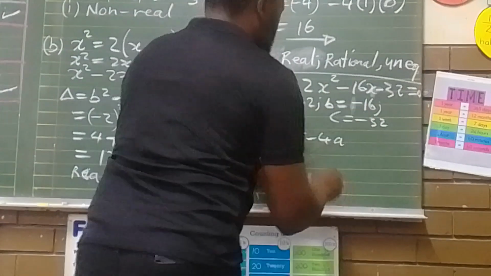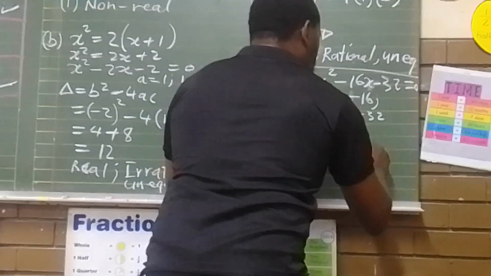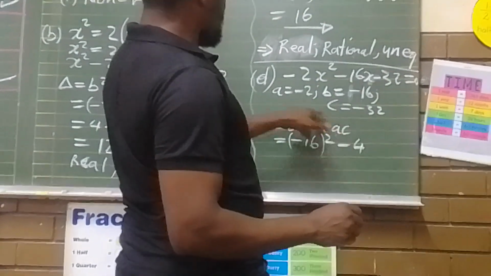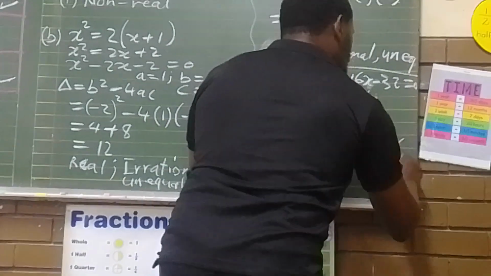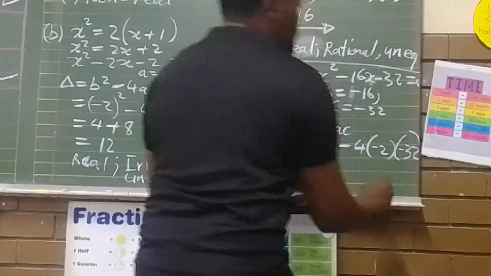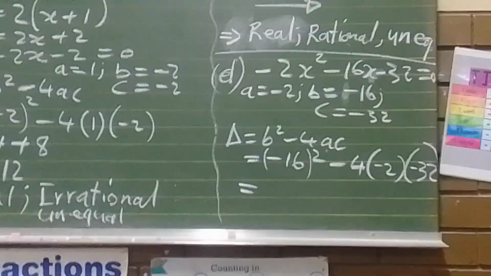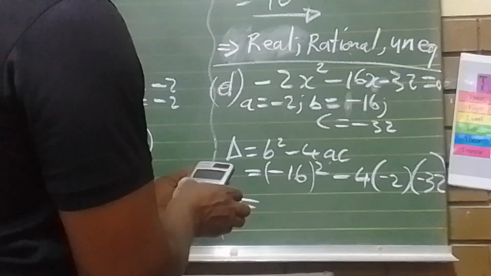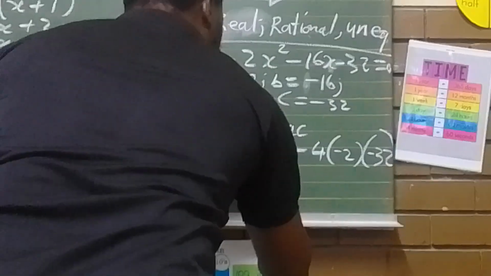What is your b? Minus 16, square it, minus 4ac. What is your a? A is minus 2 and c is minus 32. Take your calculator. Negative 16 squared is going to give you 256. A negative times negative is positive.